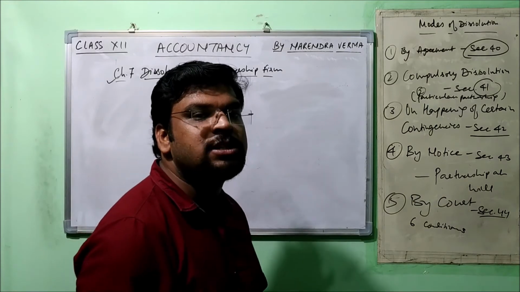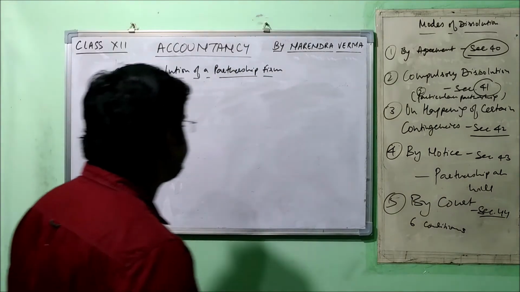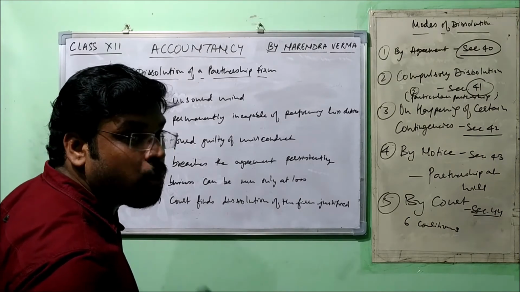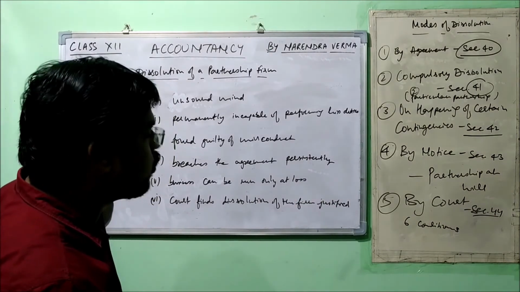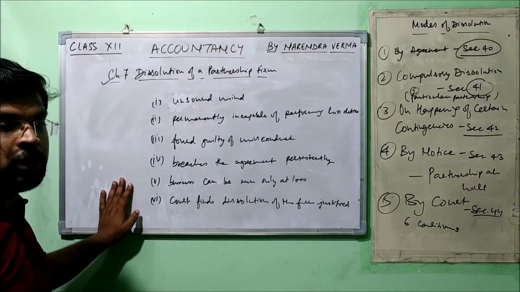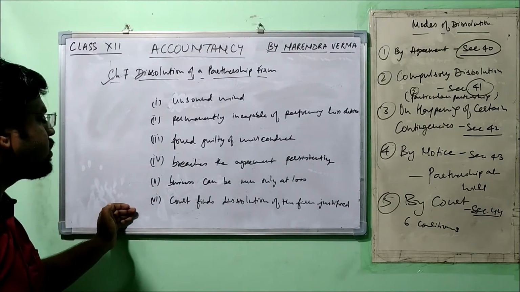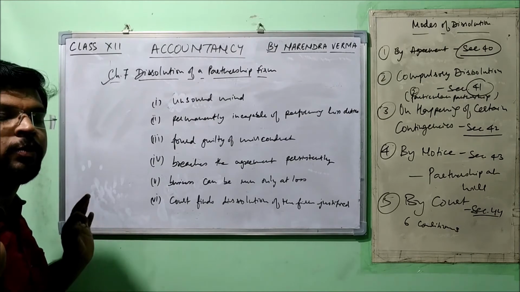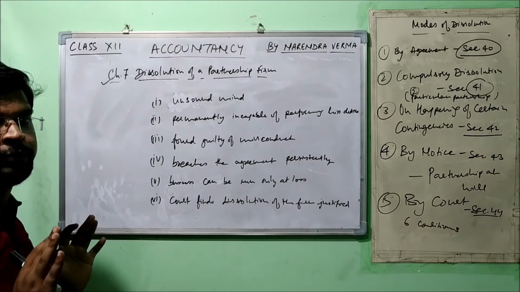So what are these 6 conditions I just mentioned here? These are the 6 conditions under which dissolution is done by court as per Section 44, right? If any of these situations takes place, the court may give the order to dissolve the firm, right?